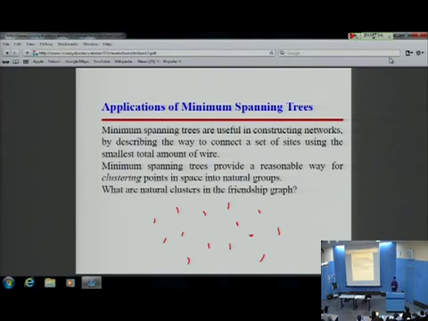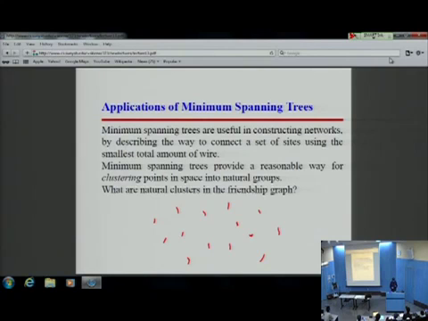And let's say the distance between pairs of houses is their Euclidean distance. And let's say that the cost of connecting them by a wire, by cable television, is proportional to the length of the wire. This kind of makes sense. If you have to put 3 miles of wire to connect my house to yours, that's going to be more expensive than if I have to make a 100-yard connection.